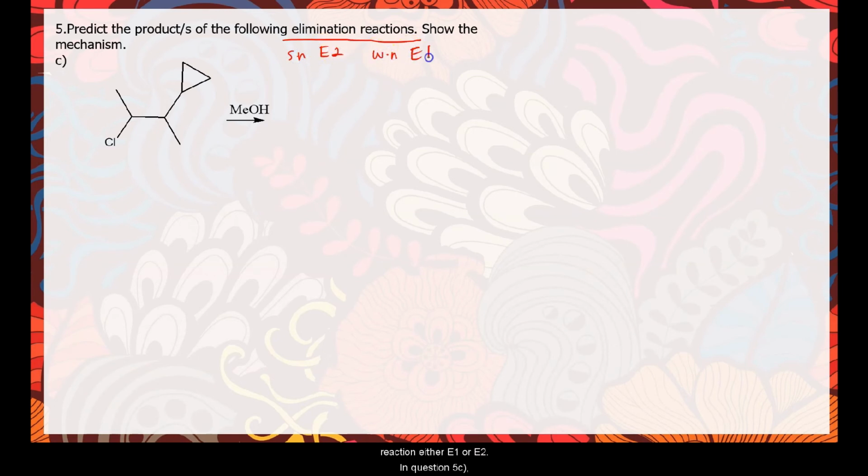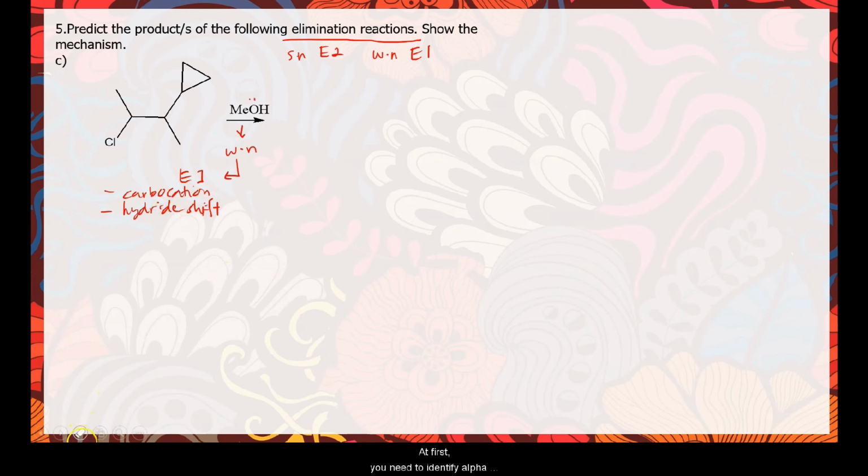In question 5C, methanol is a weak nucleophile, which means the haloalkane will go through the E1 mechanism. In other words, the carbocation will form in the mechanism and a hydride shift might happen in the reaction to achieve a more stable carbocation.